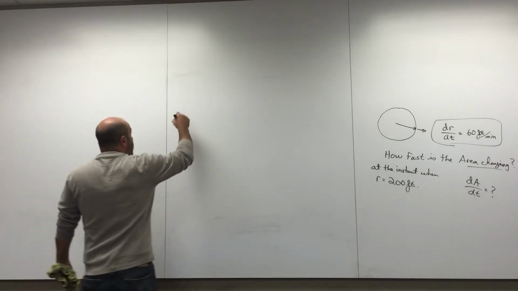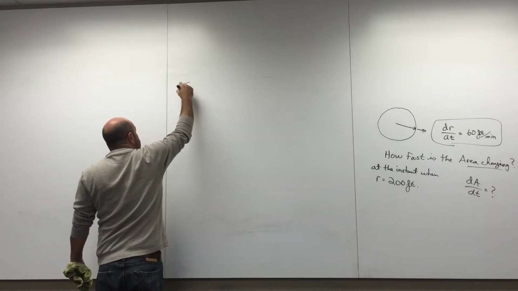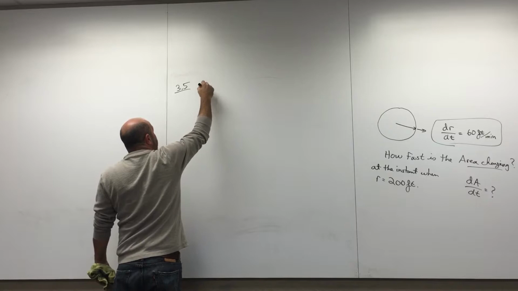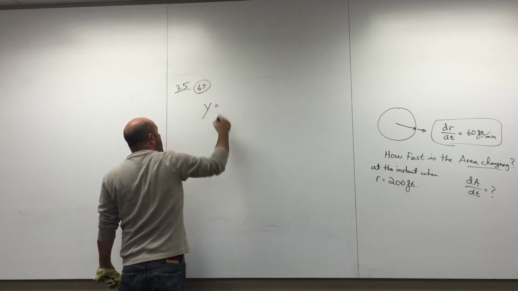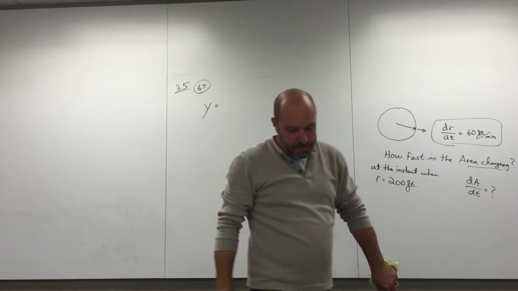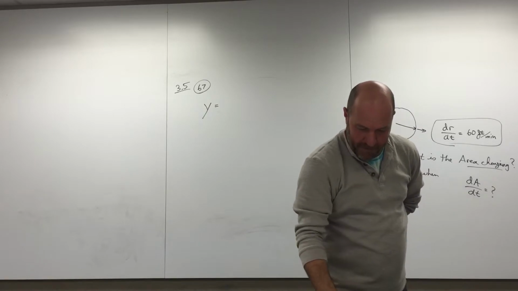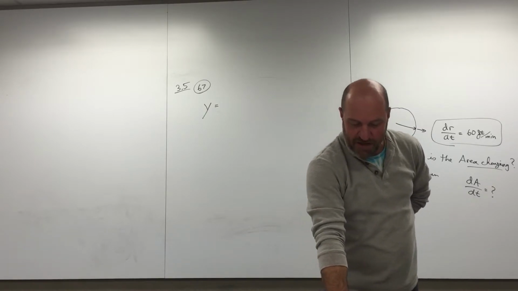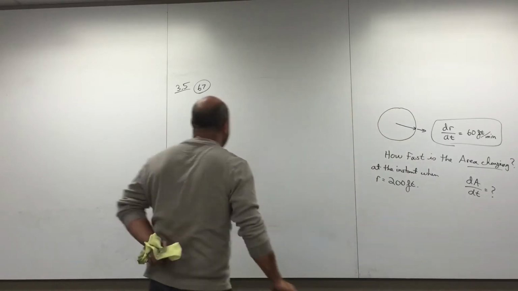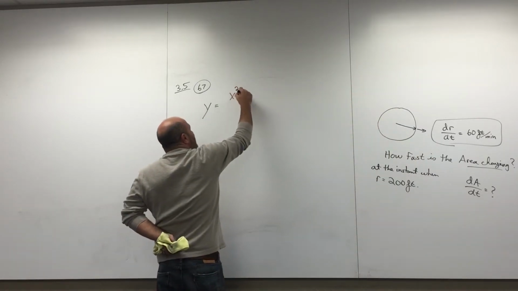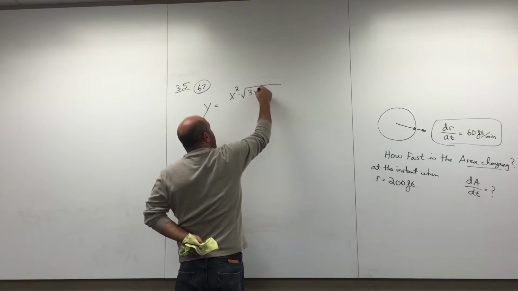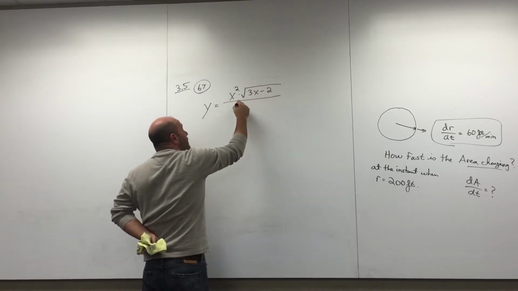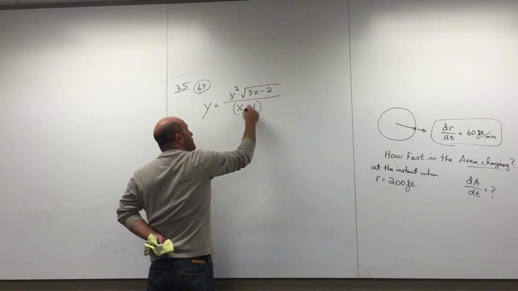You want me to teach it to you now? y equals x squared, square root of 3x minus 2, all over x plus 1 squared. Wow. x squared, square root of 3x minus 2, all over x plus 1 squared.